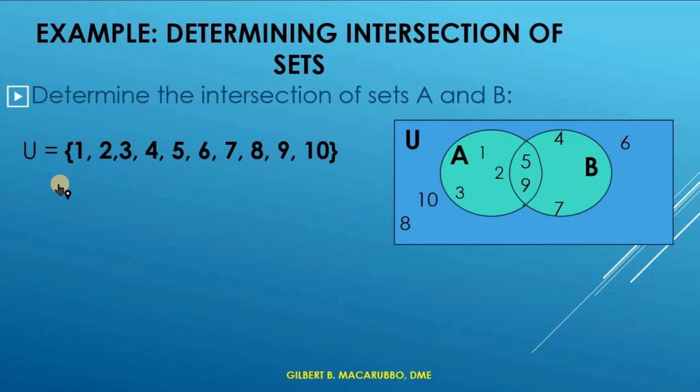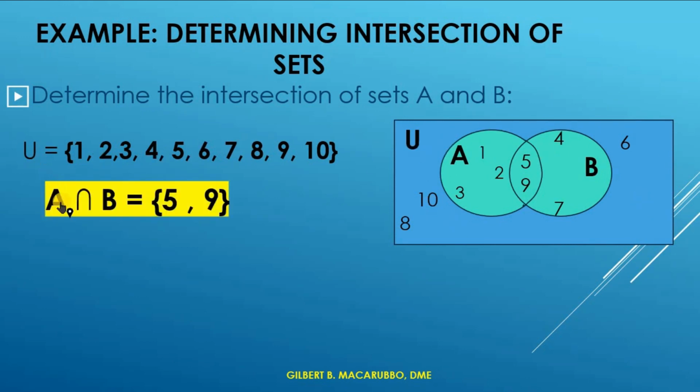Okay. So we have here the universal set. We have 1, 2, 10. So all these numbers are in the universal set. So the intersection of sets A and B is 5 and 9. So as you can see in the illustration, this is the intersection of set A and set B.